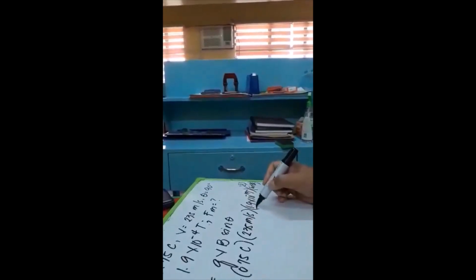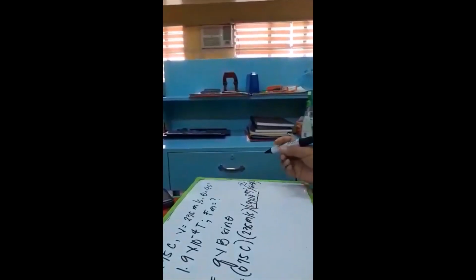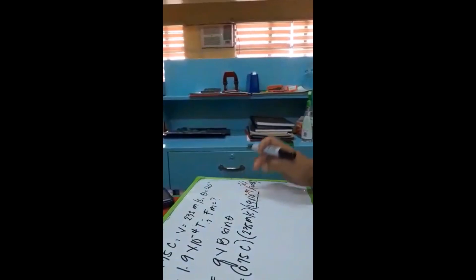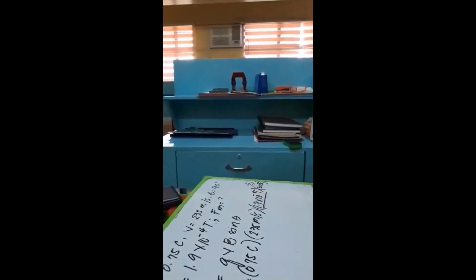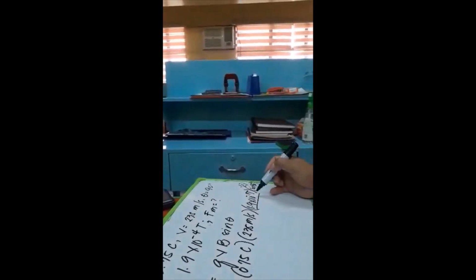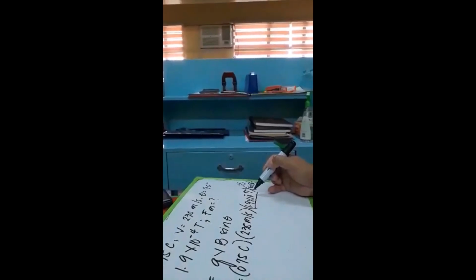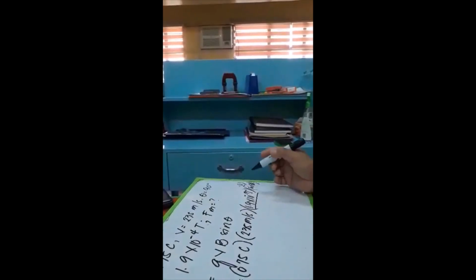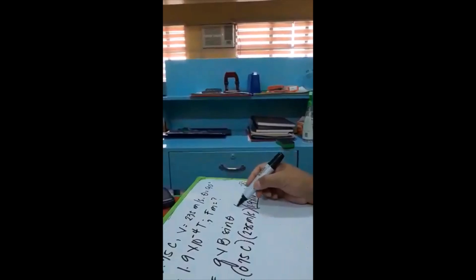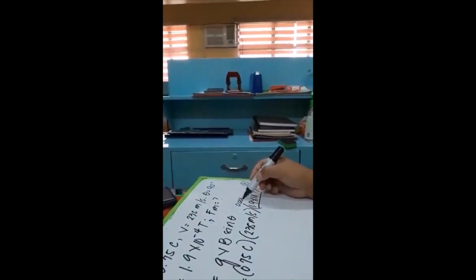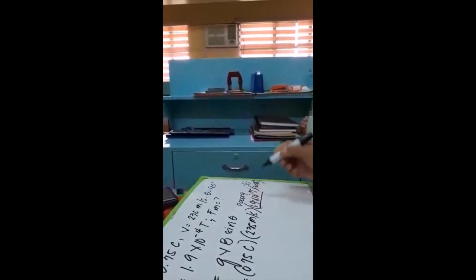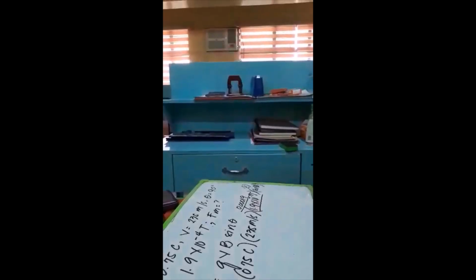Ito naman we have to convert this, this is negative 4, I'm sorry, we're going to convert this scientific notation into a normal form of writing numbers. So, magiging 0.00019. So, yan po ang gagamitin natin.